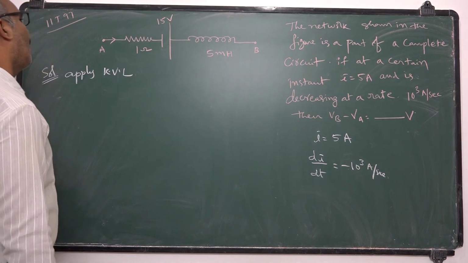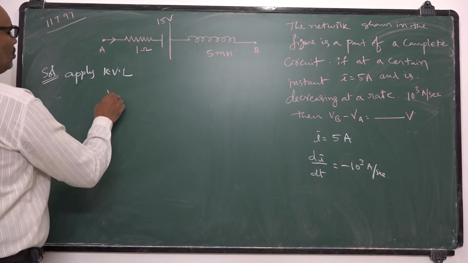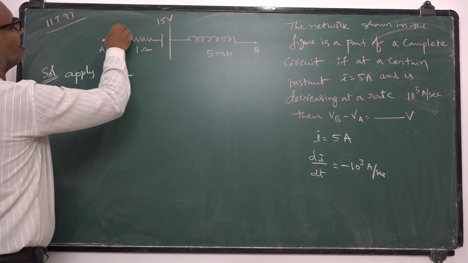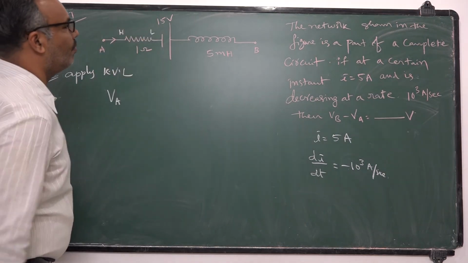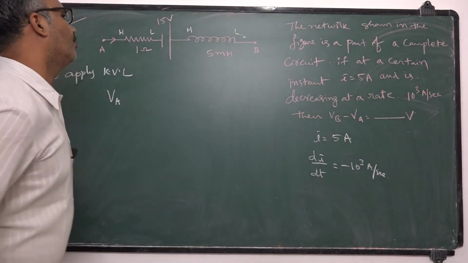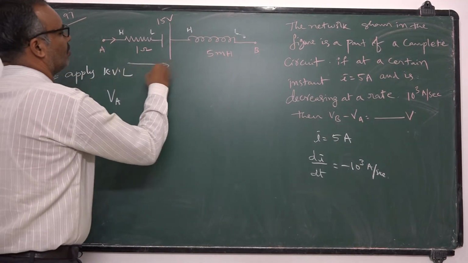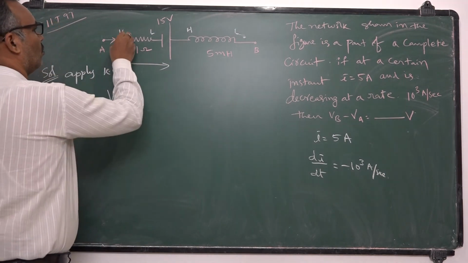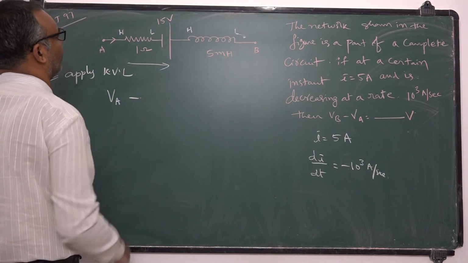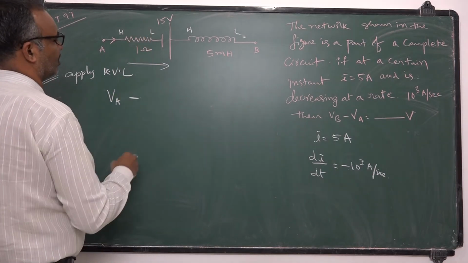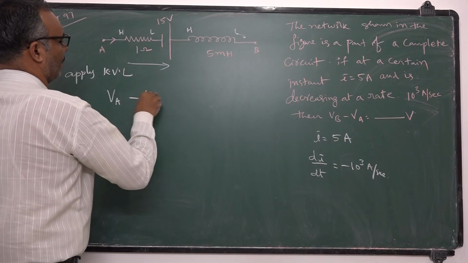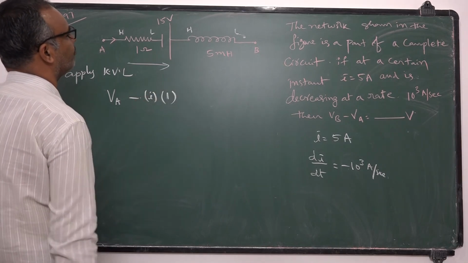So potential at A, current is going like this, means this is high potential, this is low potential. Again this is high potential, this is low potential. You are also moving in the same direction, so you are moving from high to low. So you will get a negative sign here. Voltage drop across here is IR, I into resistance, which here is 1 ohm.